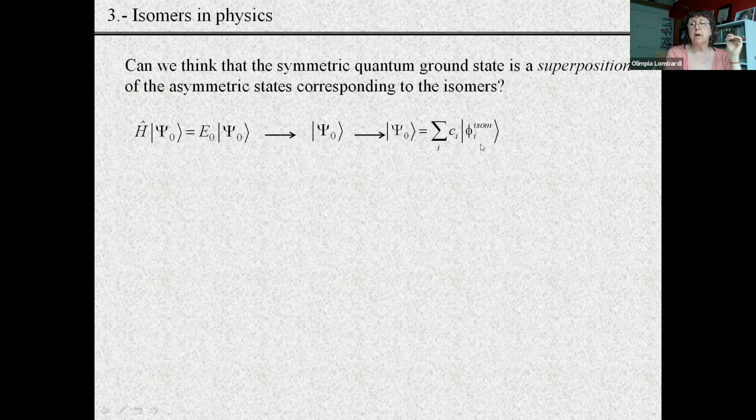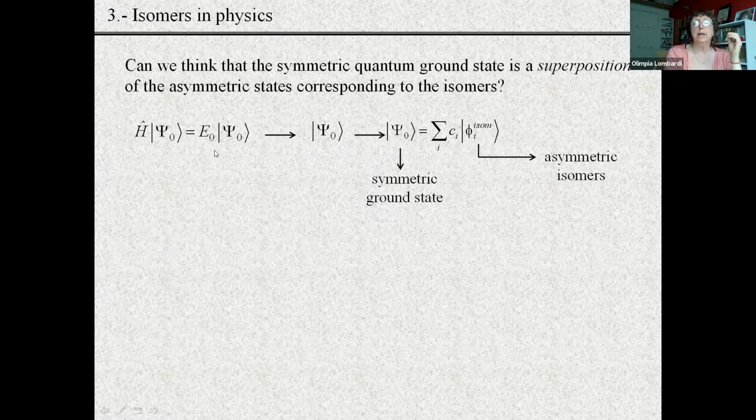Yes, it's a sum of all the isomeric states. We are supposing that these states, these vectors, correspond to the asymmetric isomers, and when we sum all of them, we obtain the symmetric ground state, which needs to be symmetric because it is the ground state of the symmetric Hamiltonian.